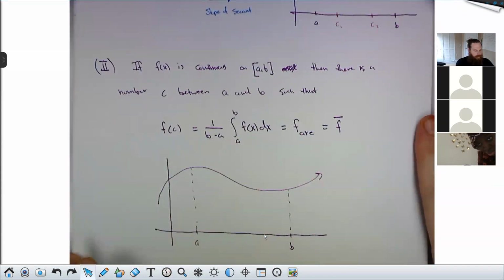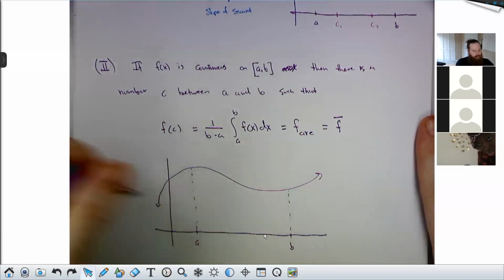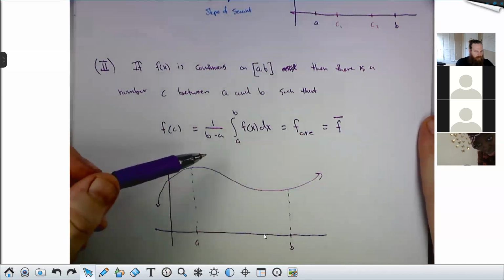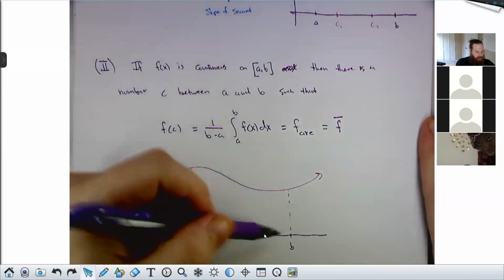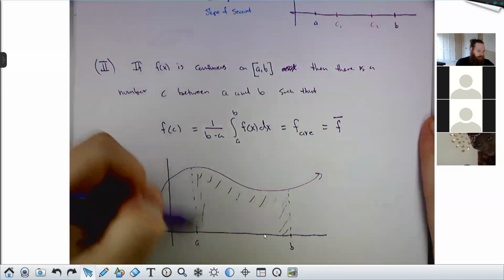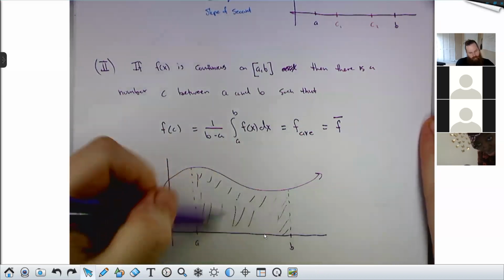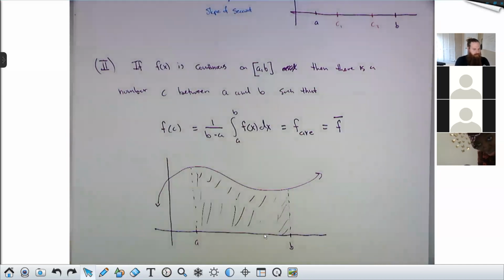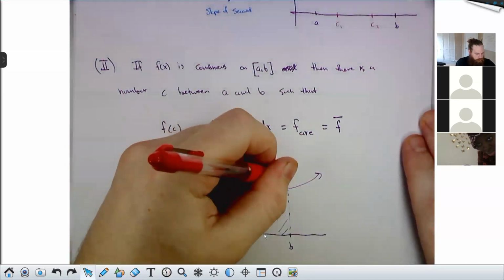There is a unique constant function such that the area enclosed by this function, all of the purple area here, is the same as the area enclosed by a certain rectangle.